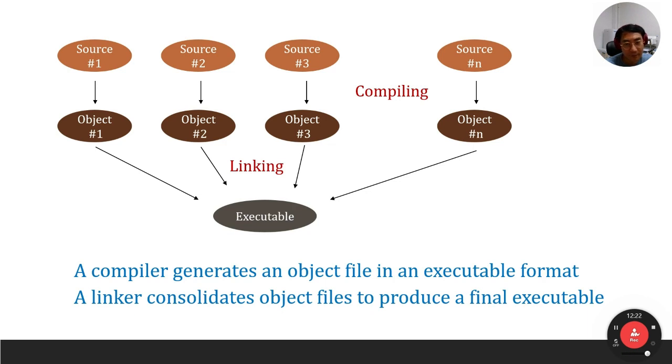So a compiler generates an object file in an executable format, and then a linker combines all the object files together to produce a final executable. And this is how we get the executable.